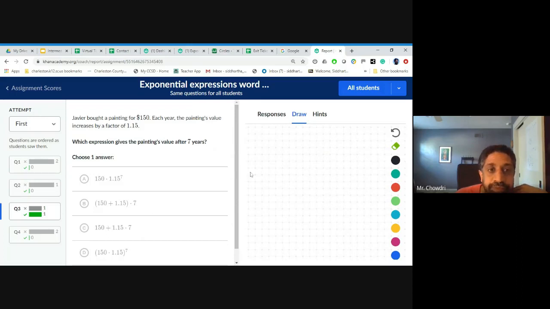It's 150 times the factor that it's going up by raised to the power of the number of years. So because it's going to increase by this amount. So I take, for instance, if I took 150 and I multiplied it by 1.15, it goes up a bit.